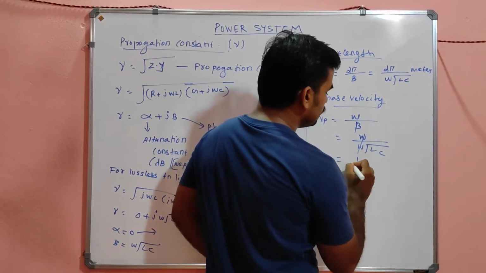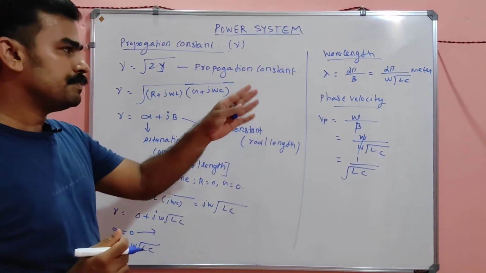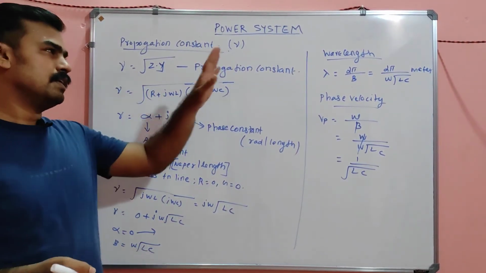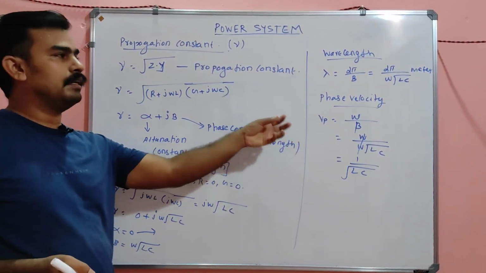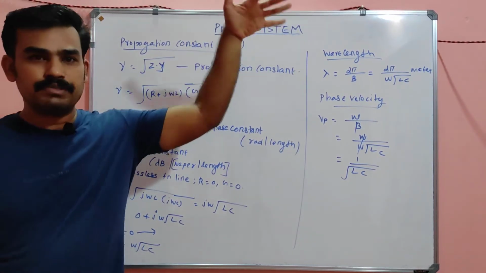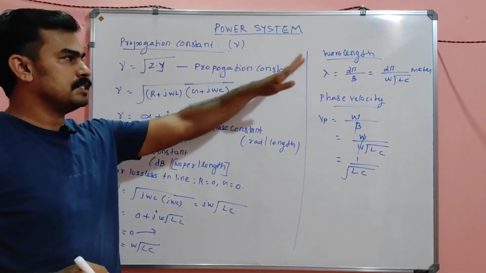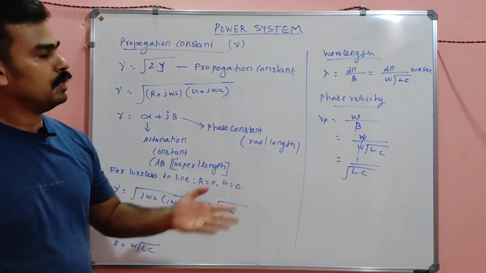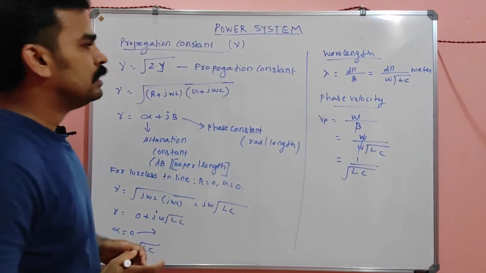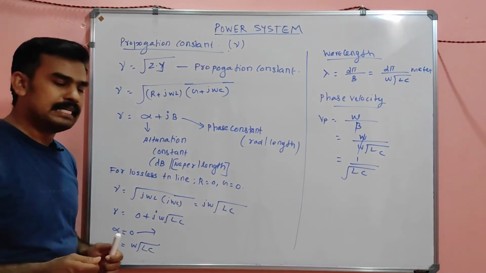Omega gets cancelled, so it is simply 1 by root LC. These are some terms, my dears, for one-word question answers or in problems, such as finding the wavelength of the signal passing through the transmission line under given conditions. So phase velocity is omega divided by beta, which is 1 by root LC.